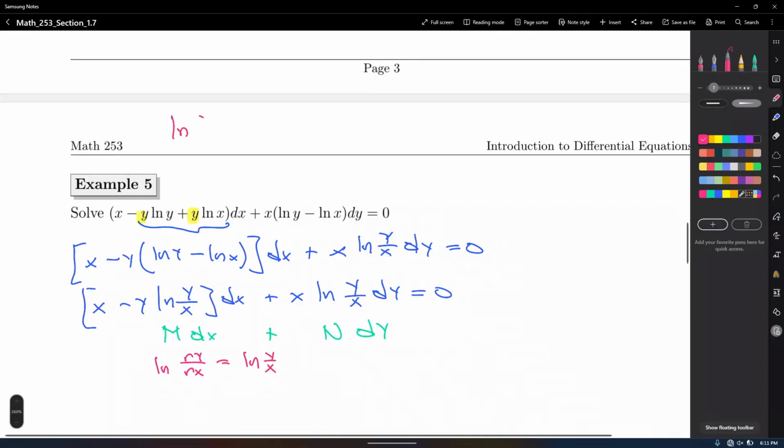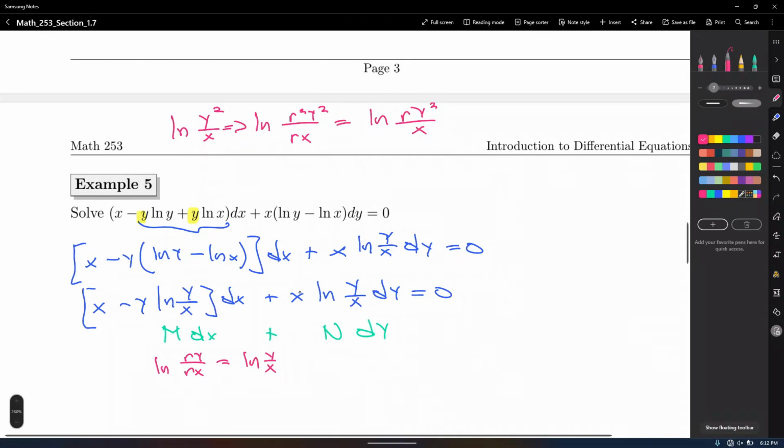If you had something like ln of y squared over x, this would be ln of r squared y squared over rx, which would be ln of r y squared over x, and that's no longer the original function. So that particular term wouldn't be homogeneous. But in this case, it is for this one.